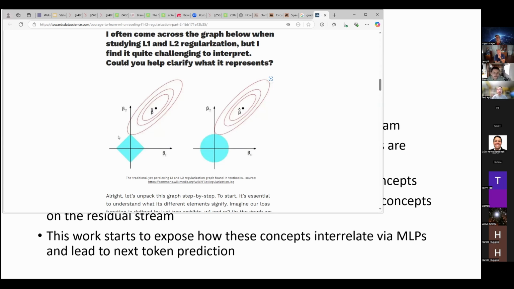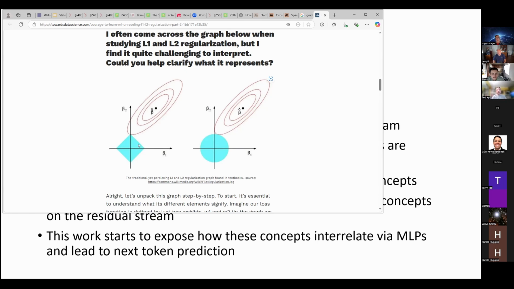So if you started out at exactly halfway on here, you're just going to keep going until you hit the origin. But if you started out anywhere else, eventually you're going to hit an axis and then you will follow that axis. I find this L1 penalty much easier to understand in terms of a linear regression. If you started here, beta 1 and beta 2 are both shrinking by the same amount constantly.